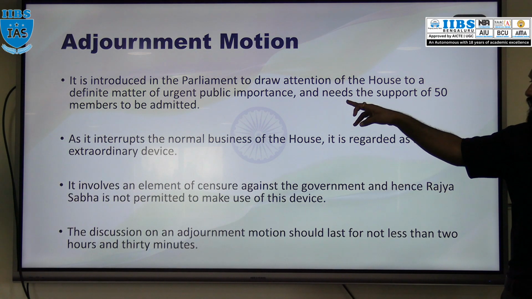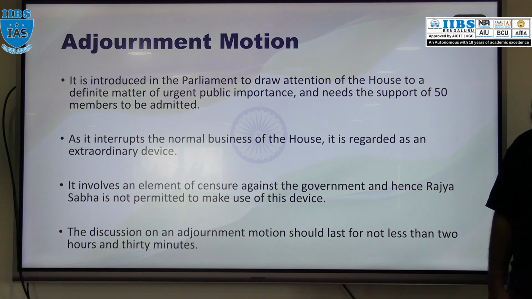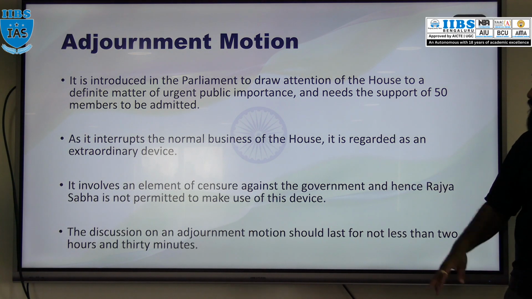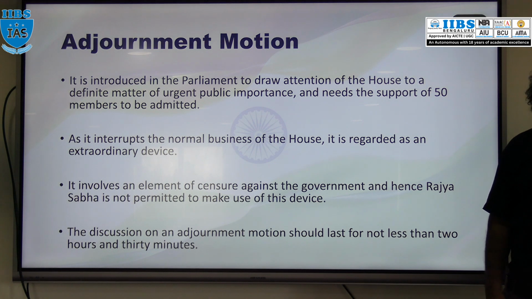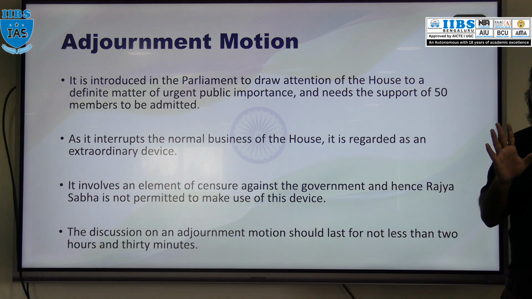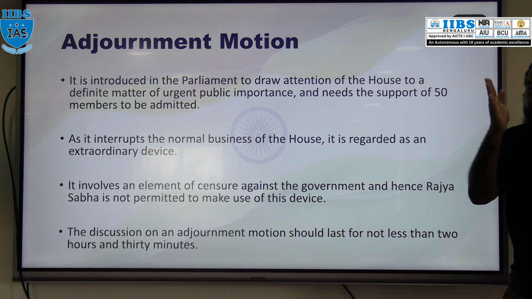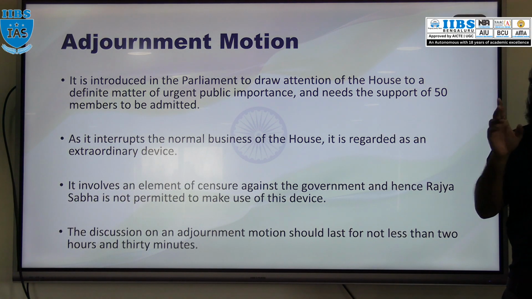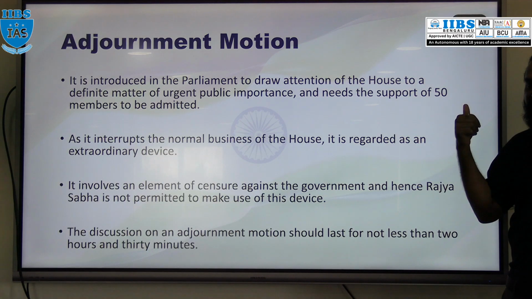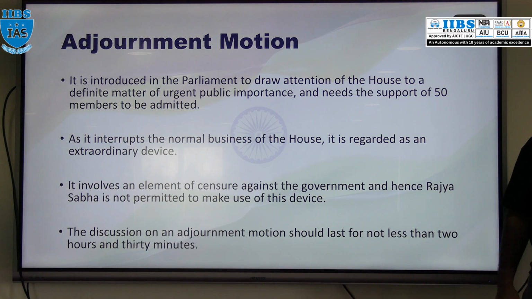To discuss the matter of urgent public importance, and it needs the support of nearly 50 members to introduce this motion. To get the attention of the house, not the minister only. Minister means calling attention. Adjournment motion means to get the attention of the whole house.